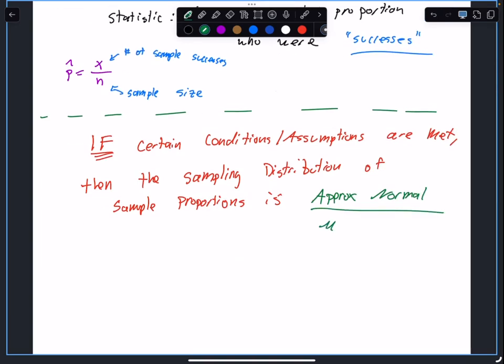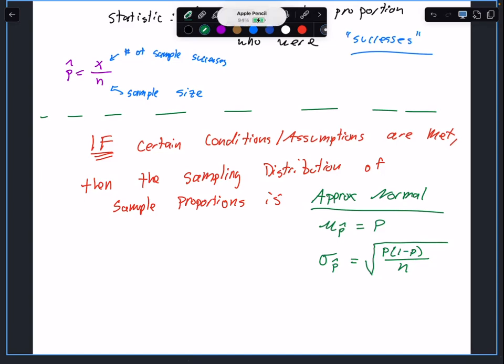And the mean will be equal to the true proportion, and we're going to use the subscript. The mean of the sample proportion is p, and the standard deviation of p hat is, and here's the formula we saw yesterday, the square root of p times 1 minus p, over n, where n is inside the formula.